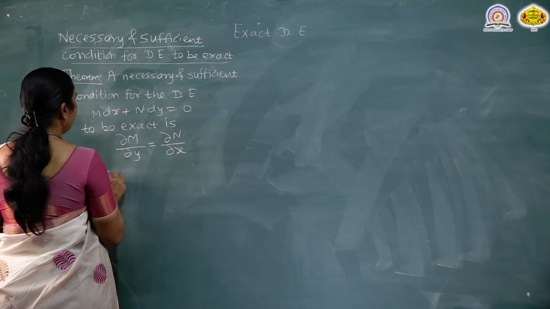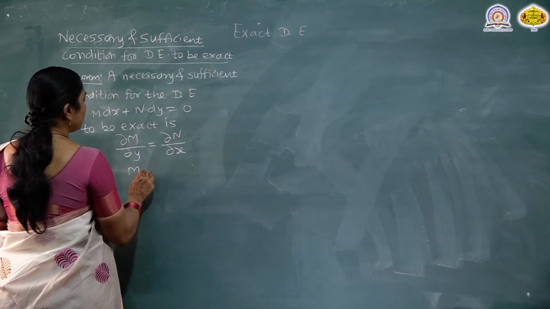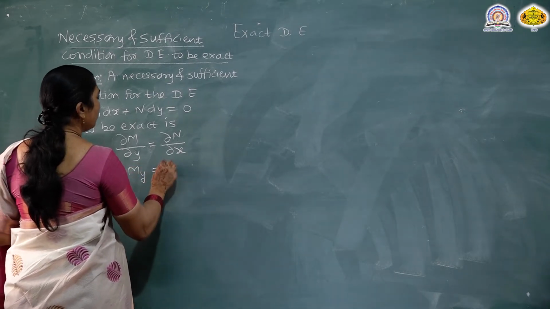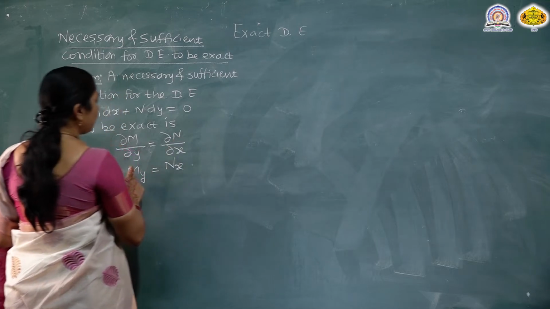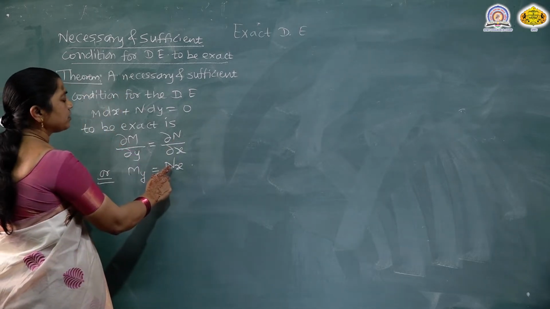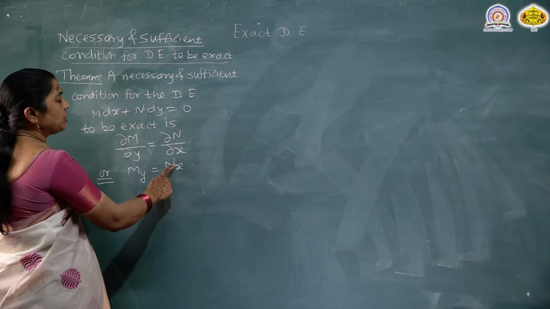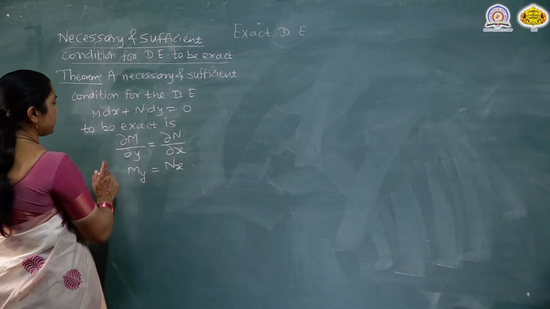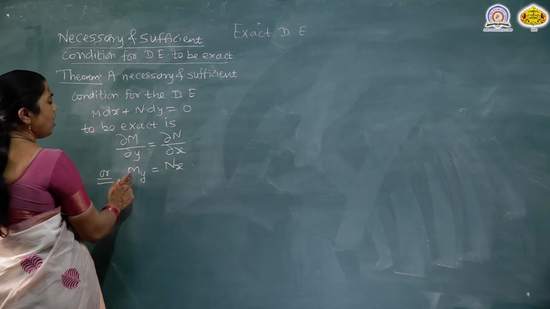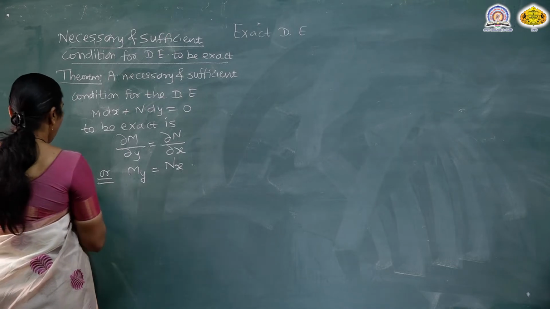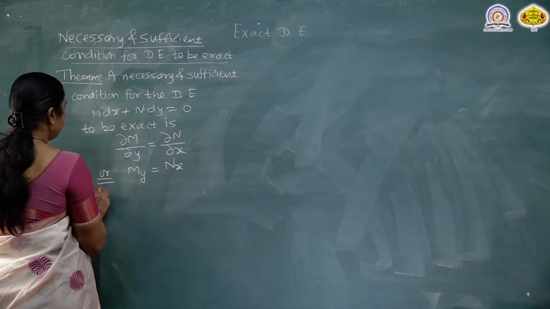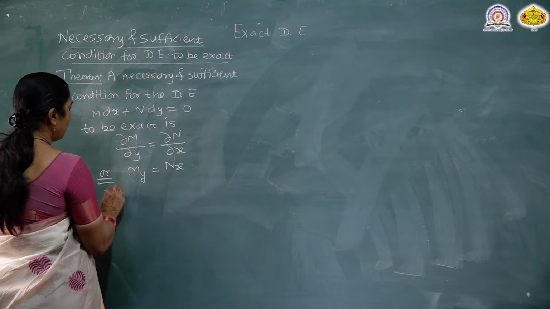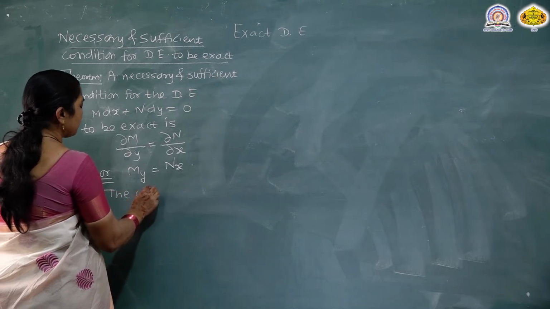Or, in another notation, the partial derivative of M with respect to y is equal to the partial derivative of N with respect to x. So, this is the condition in another notation. We will prove this theorem. Firstly, we prove that the condition is necessary.